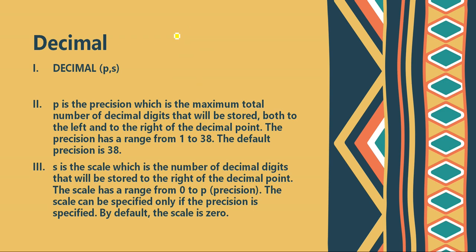Let's say I want to store money for a small business. Obviously the money must not be greater than 1 crore, because it's a small organization or a small company. So for that I will create decimal 6, and after the point we only need two digits.